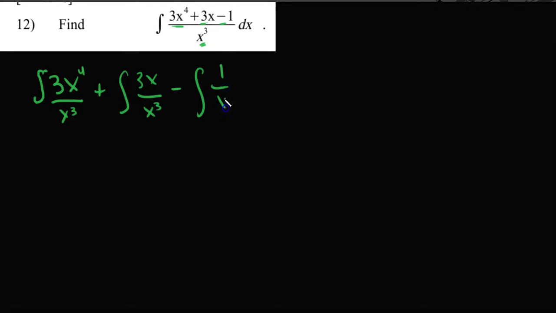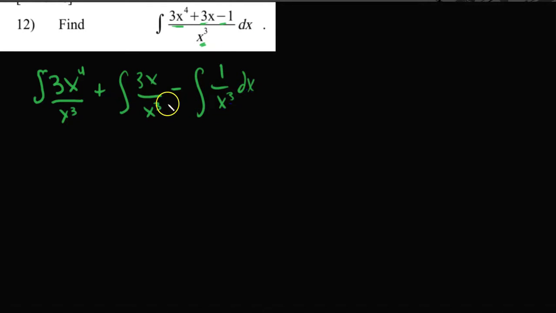You have 3 terms in the numerator and 1 in the denominator. You can actually do term-wise division and end up with 3 separate integrals. So a property of integrals is you can distribute the integral to each term. So if we divide each term in the numerator by the denominator, we'll have the integral of this term plus the integral of 3x over x cubed minus the integral of 1 over x cubed.